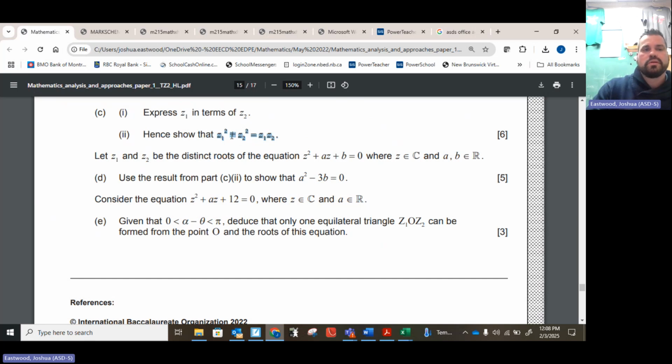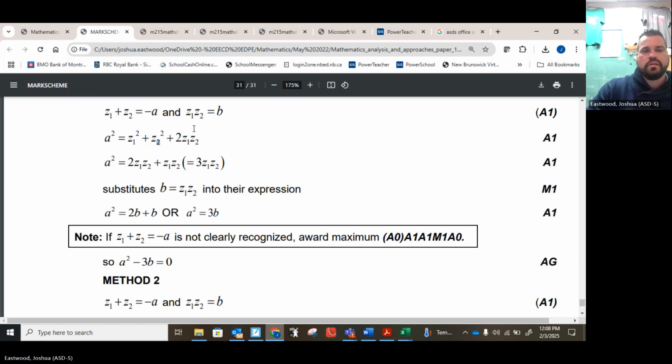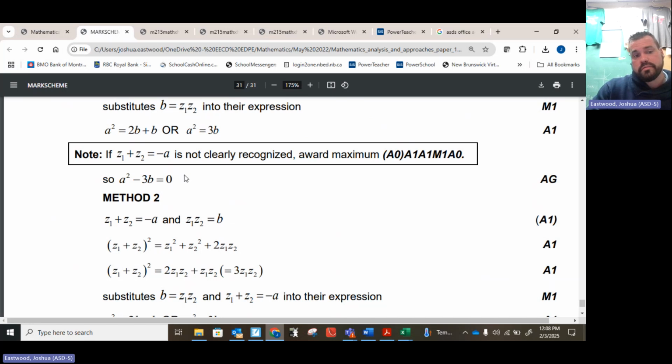So I know Z1 squared plus Z2 squared is Z1 Z2. So I'm going to take what popped out, Z1 squared plus Z2 squared, and make it Z1 Z2. And that gives us 3 Z1 Z2. Given that b is Z1 Z2, we put the b in for that, and we get 3b. So a squared is equal to 3b, and so a squared minus 3b is equal to 0.